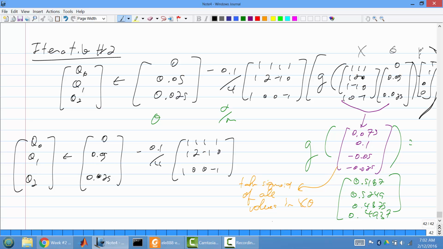So when you take this guy and subtract by y, you finally get minus 0.4812, minus 0.4750, 0.4875, we're subtracting 0 and 0.4937.